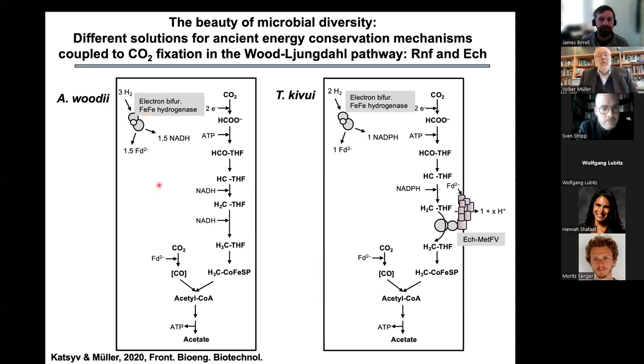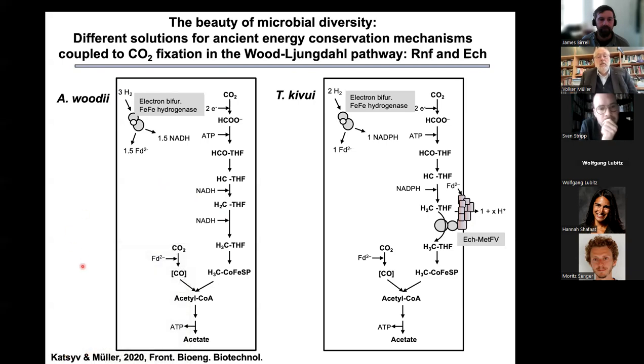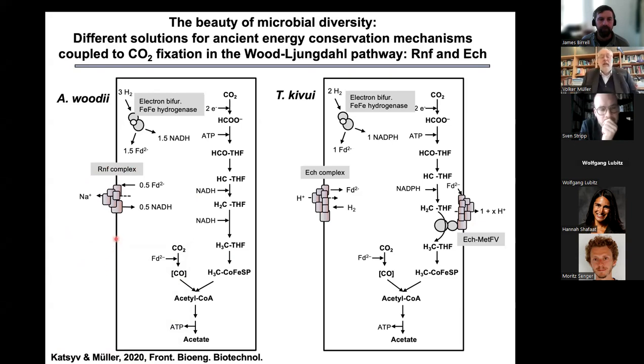So we need an electron bifurcating hydrogenase, and then in the second step, we need energy conservation. And we have two respiratory enzymes so far in the acetogens. These are the only respiratory enzymes found.